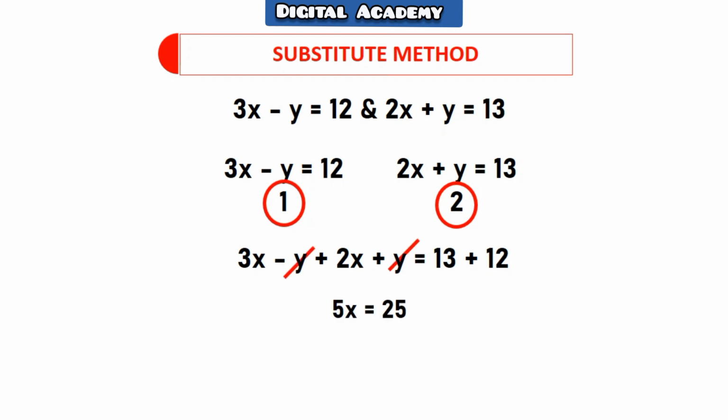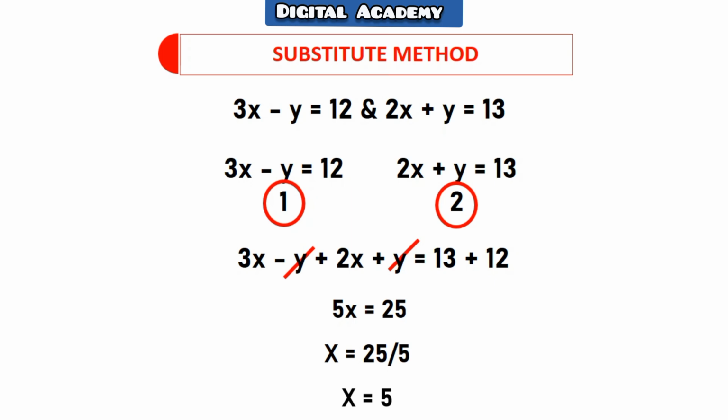Step 3. Solve for x. x equals 25 by 5. x equals 5. Step 4. Substitute x into one of the original equations to solve for y.